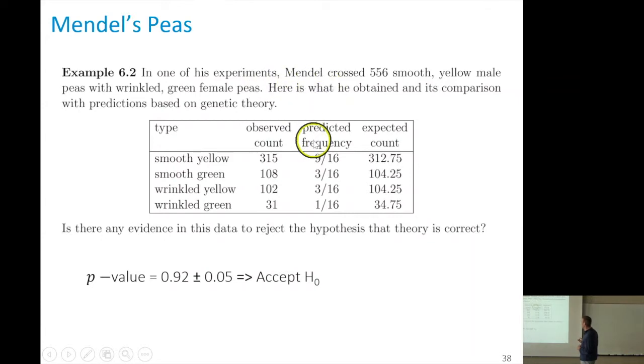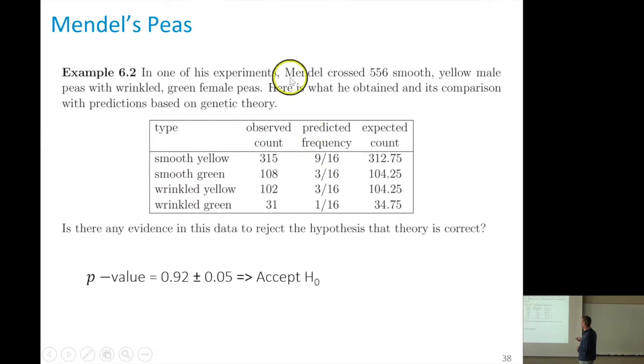According to the theory, this is the frequency we should observe by crossing yellow male peas with wrinkled green female peas. This is the distribution of what should be seen if this genetic theory were true. Here I'm skipping some of the biological details because I don't really know them.